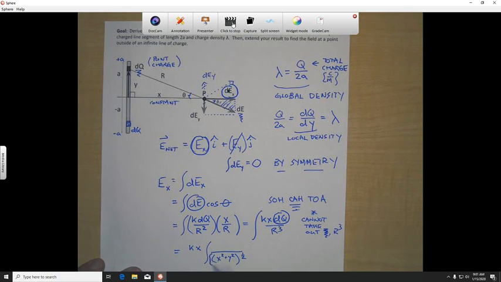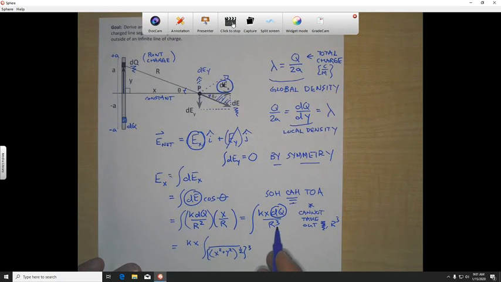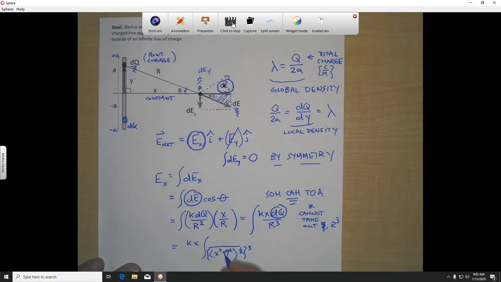Then I have to cube that because of that cube that's there. And again, my x doesn't change, but my y does. So up on the top, I'm going to need to do some type of a substitution here, maybe that involves y instead of dq, because I want my integral to deal with the y values.